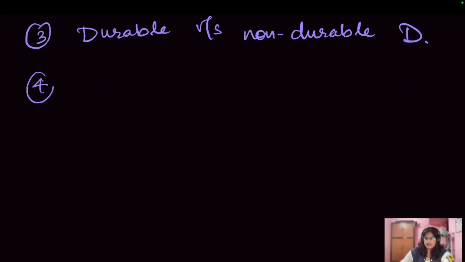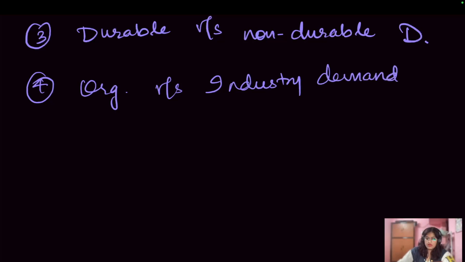Then the next one is organizational versus industry demand. Organizational demand is the demand for a particular organization's product at a given time, and industry demand is the demand for the similar products in the whole industry, from different companies.